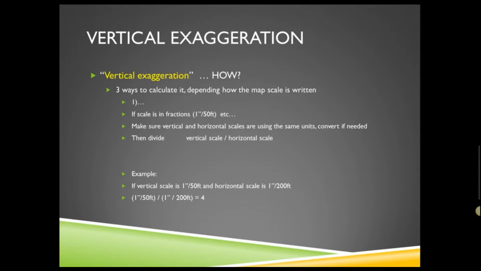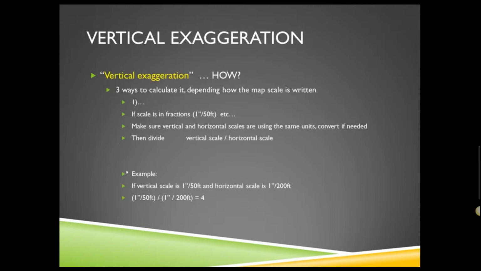On your vertical scale, you'll have feet marked, and you'll have actual physical length on your vertical axis, where if you throw a ruler down and you measure 1 inch and you see it's 200 feet, then that vertical scale will be 1 to 200, or 1 inch to 200 feet.